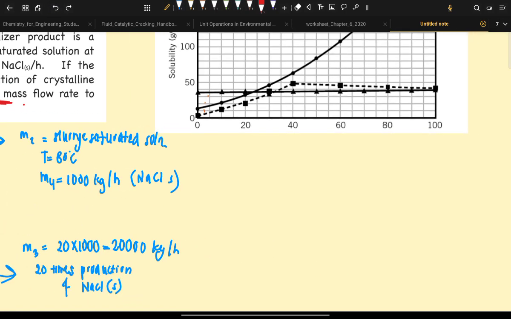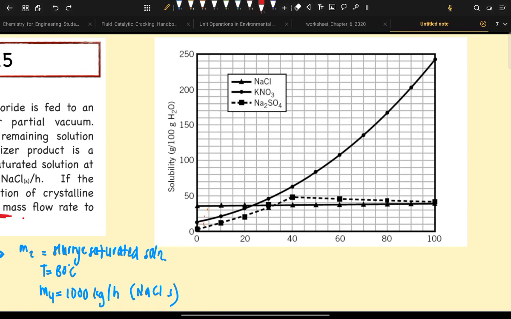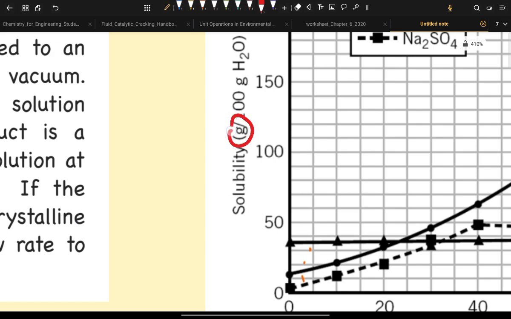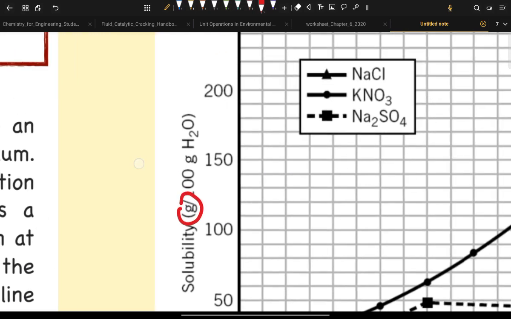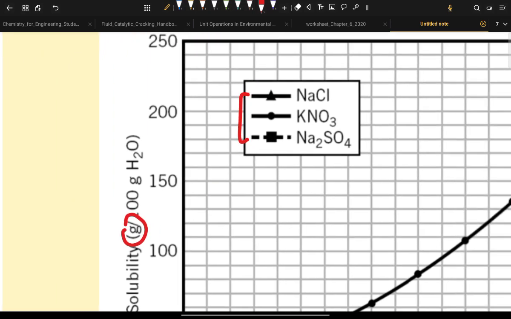So basically we need to start with the hint that they give, which is the solubility, gram per 100 gram of H2O, which we can denote using this table. In this case, the question asks about sodium chloride, so we just use the sodium chloride.